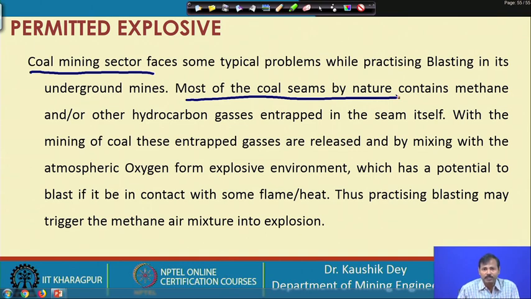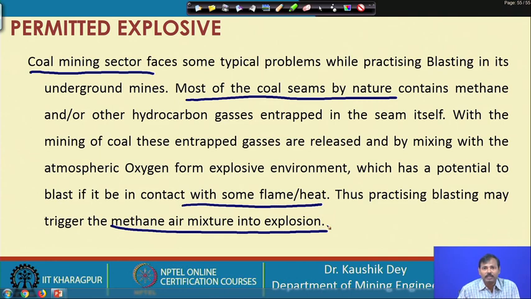So, when a particular percentage of methane and a particular percentage of oxygen are mixed, they create an explosive environment, and if a naked flame or some heat is introduced into that environment, it will blast. This type of blast is called a fire damp explosion or methane air explosion. That is why practicing blasting may trigger the methane air mixture and convert it into a fire damp explosion.